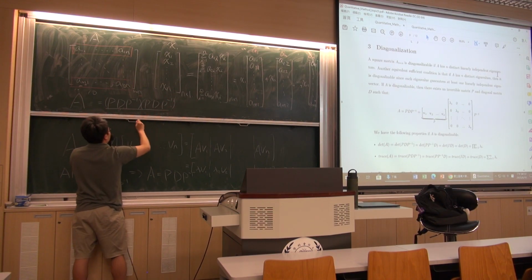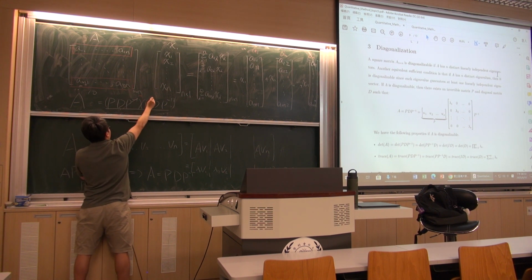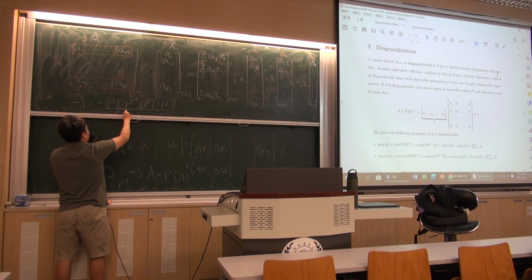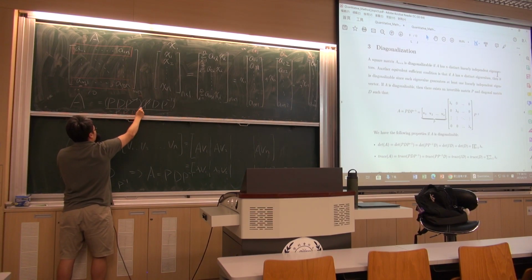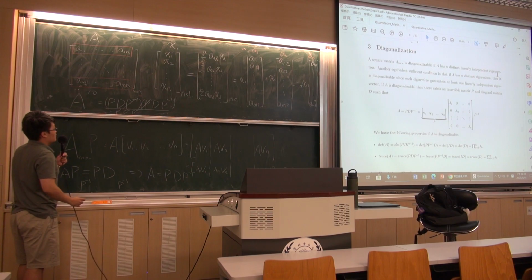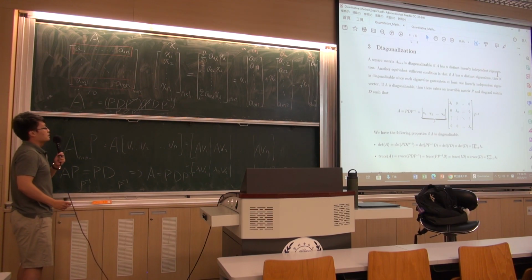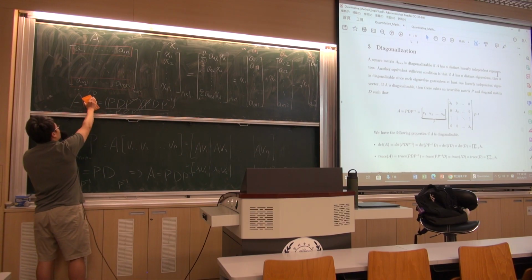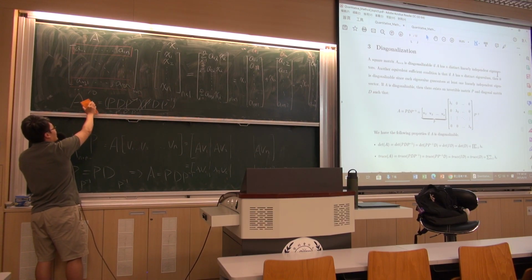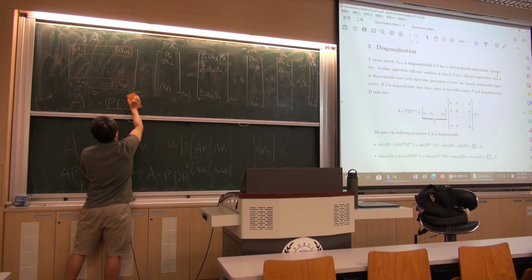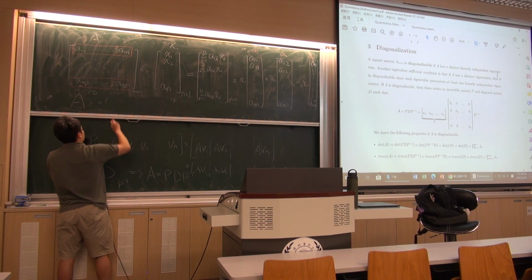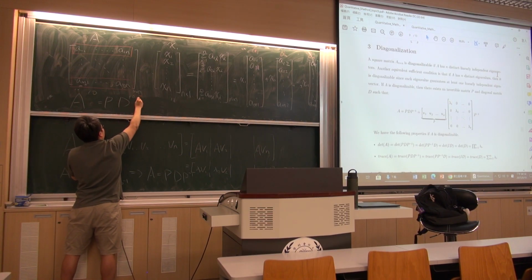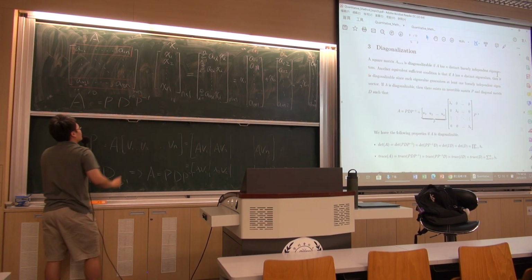These two will cancel out together, and what you will get is P D squared P inverse. Following the same argument, if we want to calculate the power of 10, eventually we get P D to the power of 10 P inverse.